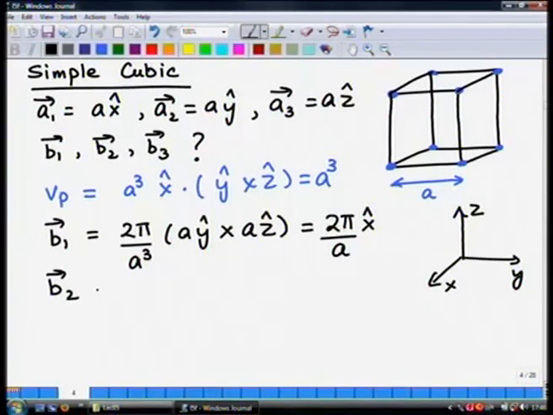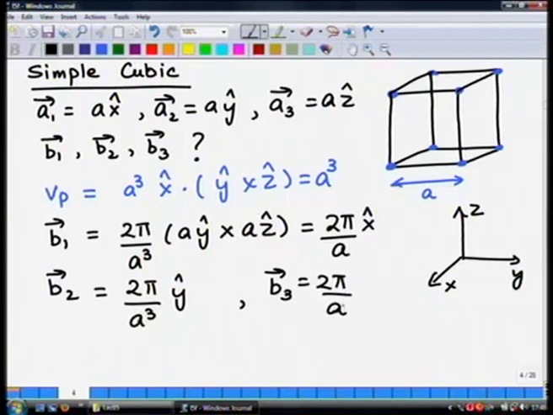Similarly, you can generate B2: 2 pi by a y hat, and B3 will be equal to 2 pi by, so I am making a mistake here. I will fix this. Since this is a squared, this should be only a, this should be only a. So, that is right. Now, 2 pi by a z hat, and clearly it has the dimension of inverse of length.